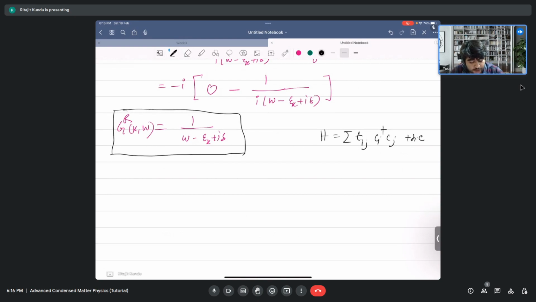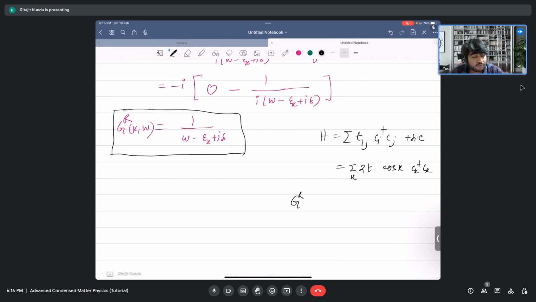Then it is very simple: 2t cos k c_k dagger c_k, summed over k. But if you cannot go to momentum space, the Green's function's definition is actually kind of the same.